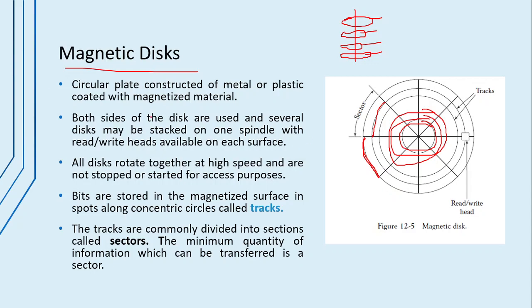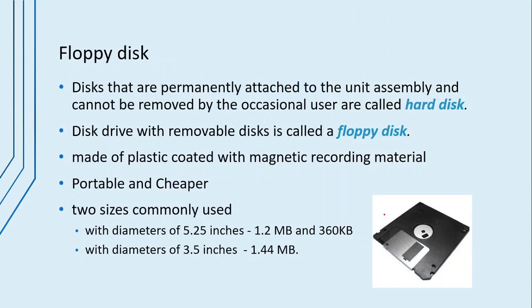So this is the example of a magnetic disk. Now the floppy disk. Disks that are permanently attached to the unit assembly and cannot be removed by the occasional user are called hard disks, which we use in our laptops or PCs. A disk drive that is removable is the floppy disk.